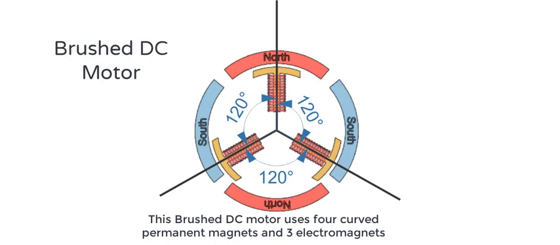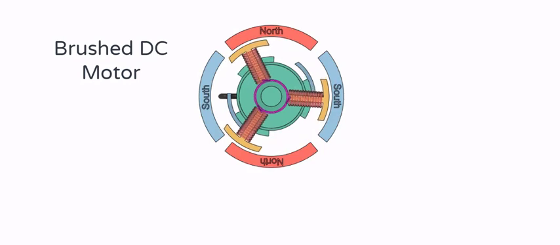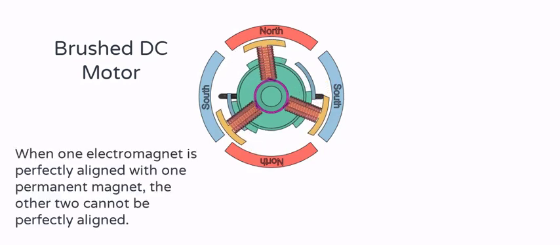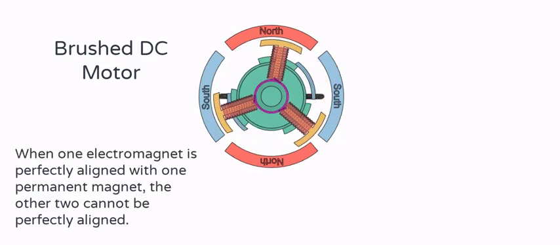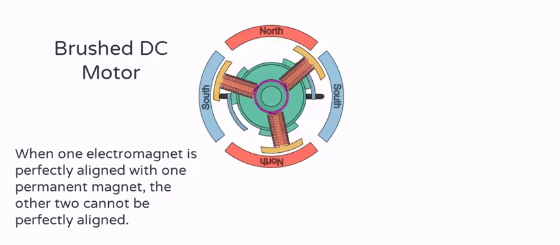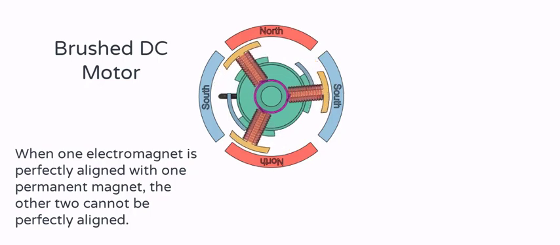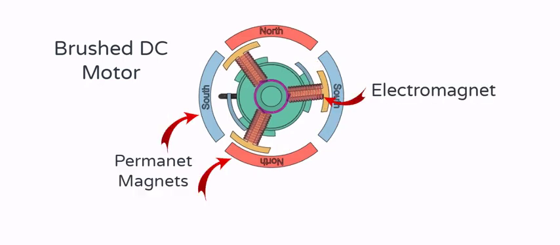Perfect alignment between the north and south poles of all 3 electromagnets and the permanent magnets is practically impossible. For example, if the north pole of one electromagnet is perfectly aligned to the south pole of a permanent magnet, the other 2 electromagnets will not be perfectly aligned. This clever arrangement of permanent and electromagnets enables the continuous spinning of the coils when power is supplied.